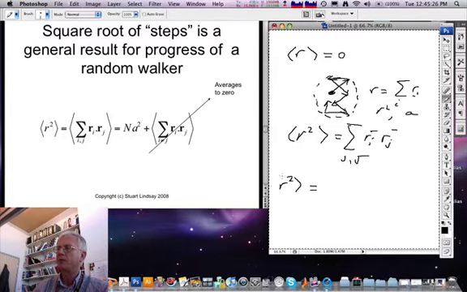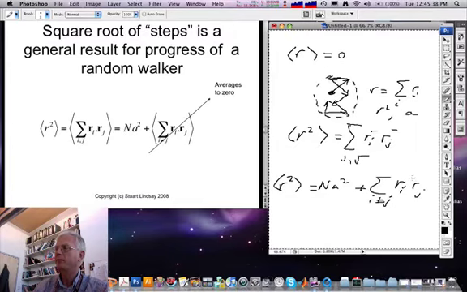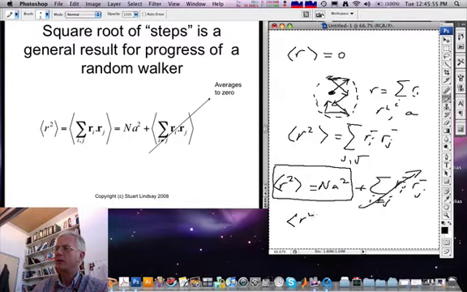We then have this result. Plus all the terms for which i is not equal to j of this product. But in general, this goes to 0 because these vectors are not aligned with one another because they are random. So we see that the mean square distance that is moved is proportional to n, or the root mean square distance is proportional to the square root of n.